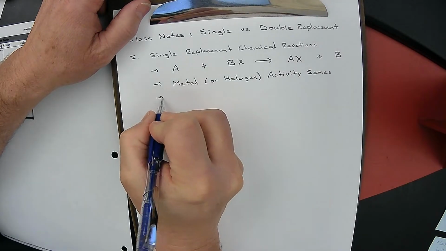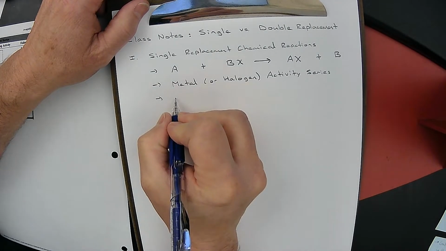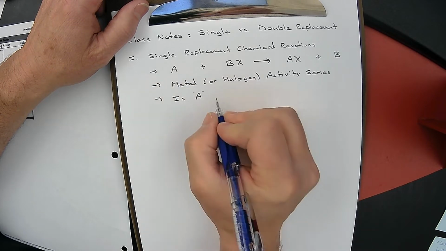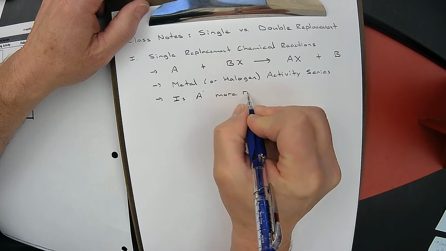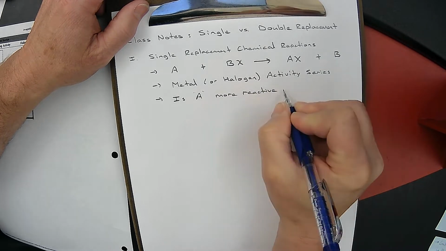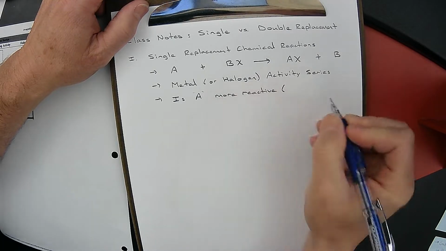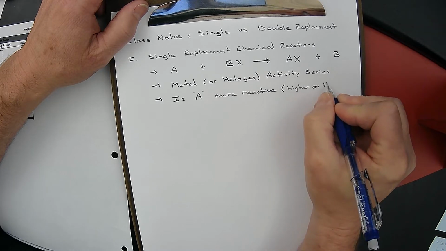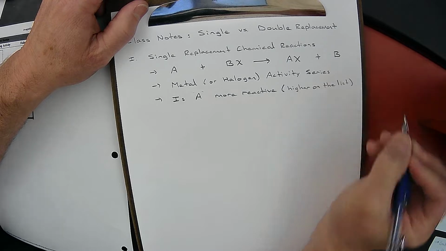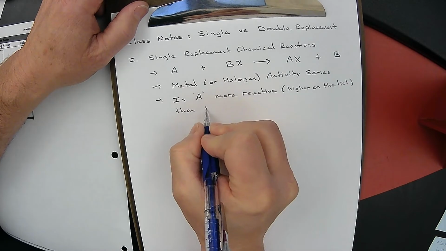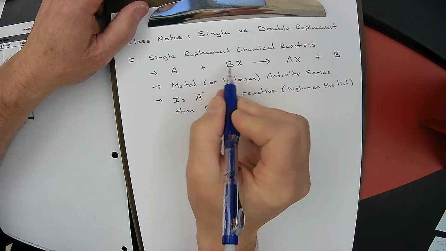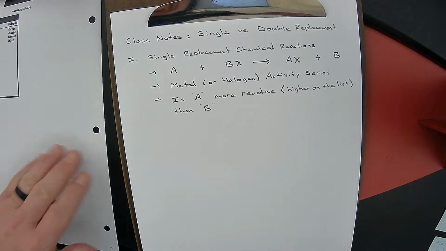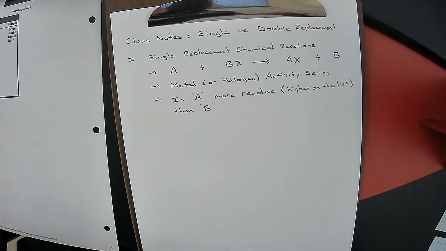And specifically what we're looking for is this: is substance A more reactive? And the way we find out if it's more reactive is if it's higher on the list than B. So you're looking for A to be higher on the list than B. That's for a single replacement reaction.